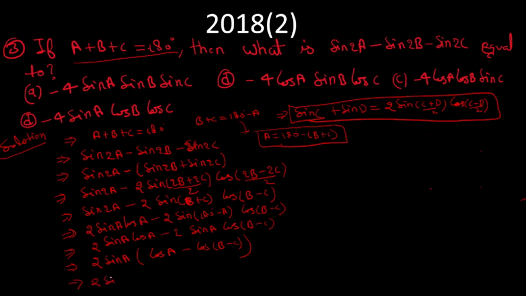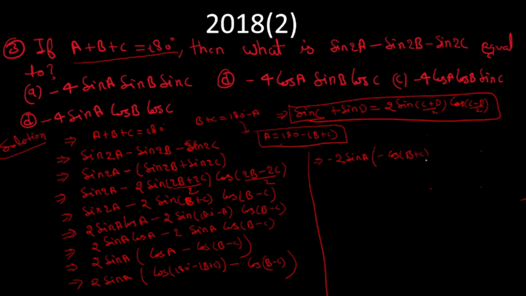So 2 sine a, when I put the cos a value here, we get cos (180 degrees minus (b plus c)), and here minus cos (b minus c). What is cos (180 minus theta)? That is minus cos theta. So here we get minus 2 sine a, minus cos (b plus c), and here we already have cos (b minus c).